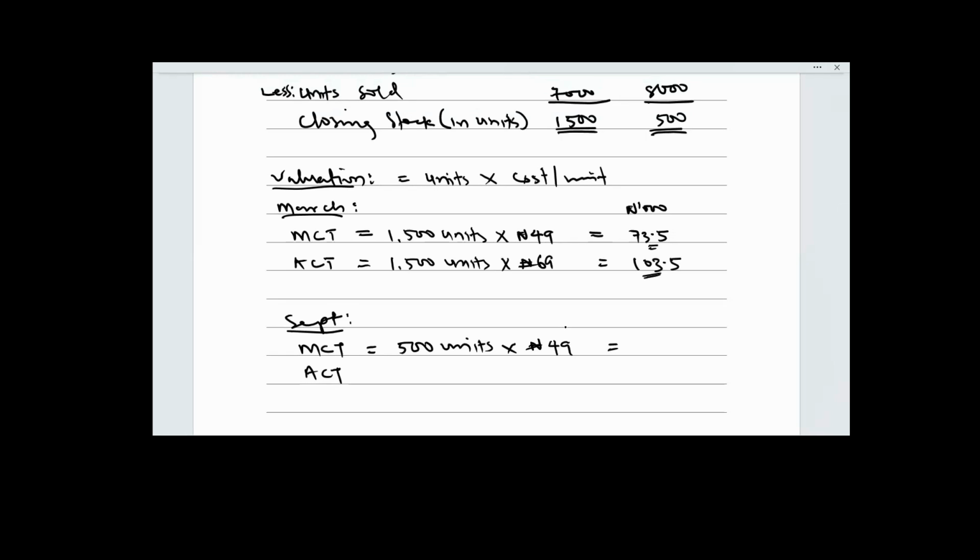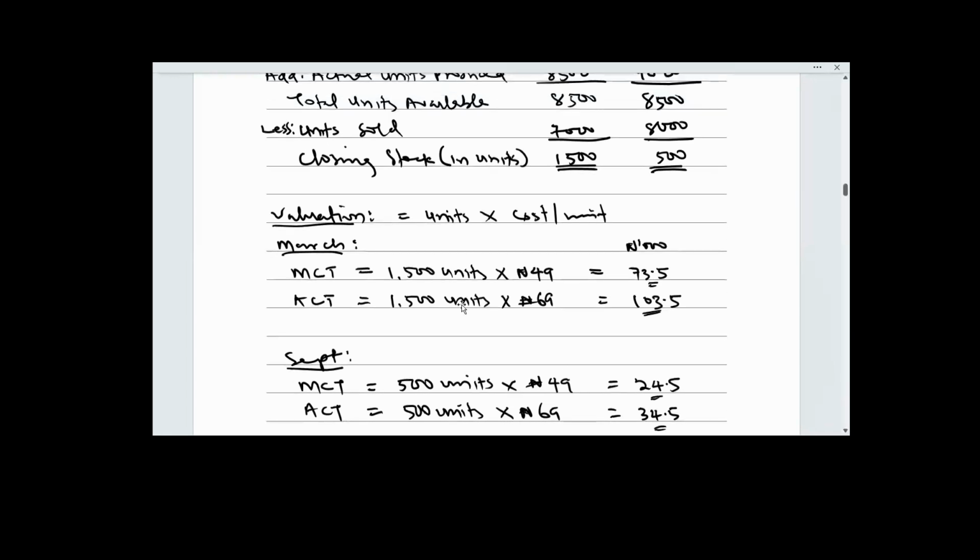What do you have there? 24.5. For ACT, 500 multiplied by 69 naira. What do you get? 34.5. So we are done. We have valued our closing stock using the two techniques.